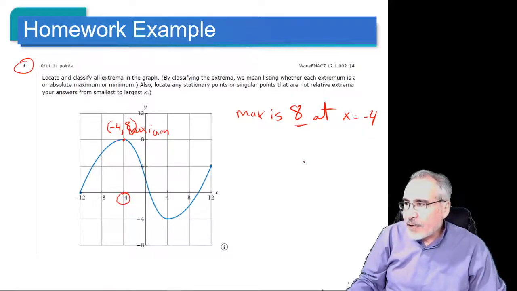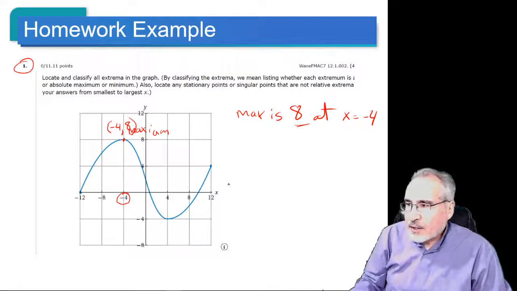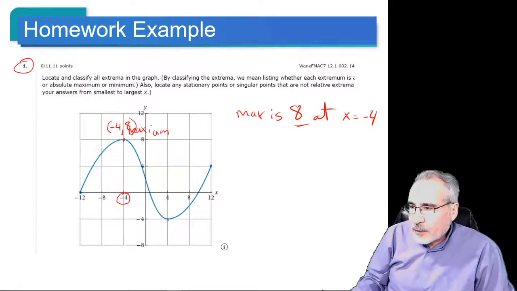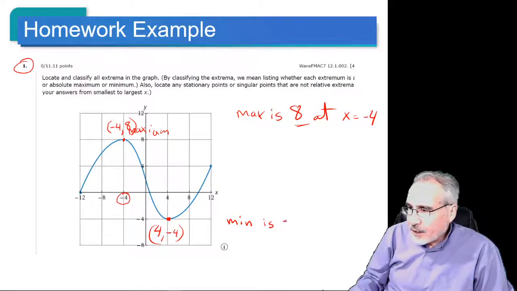The value of the maximum, though, is actually the y value. And then you'll see a minimum over here at +4. So we've got the point 4 comma -4 gives us a minimum value. So we have a minimum. The minimum is -4 at x equals 4.